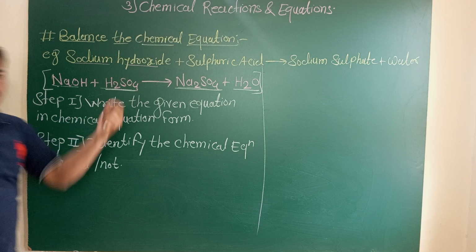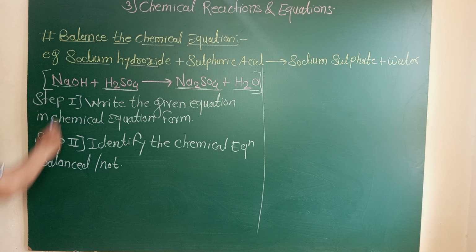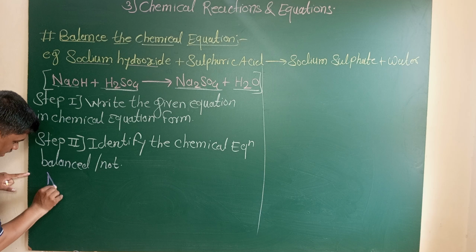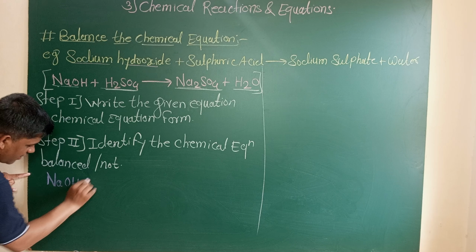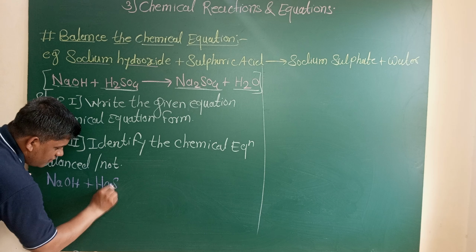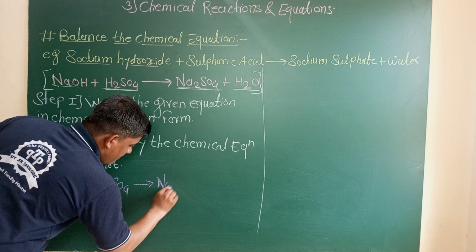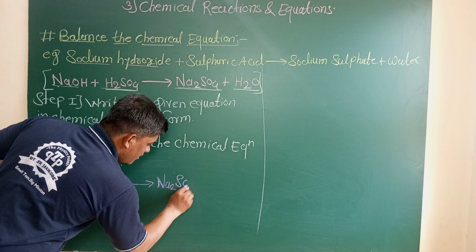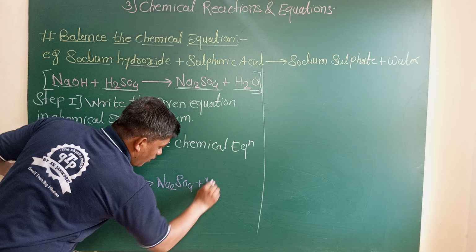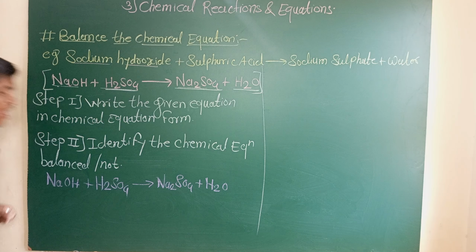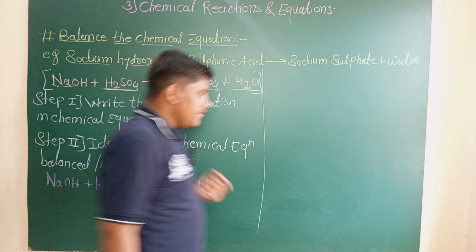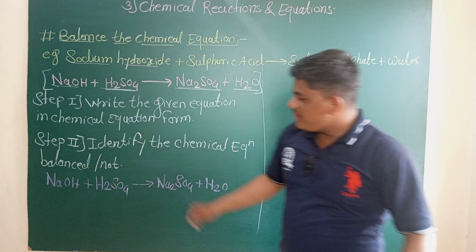For this, we make a small table. Write the above equation: sodium hydroxide reacts with sulfuric acid, that is H2SO4, gives sodium sulfate plus water. How many elements take part in this chemical equation?